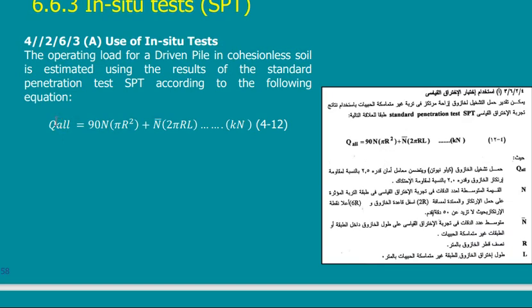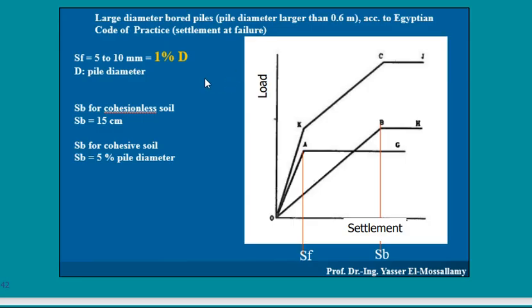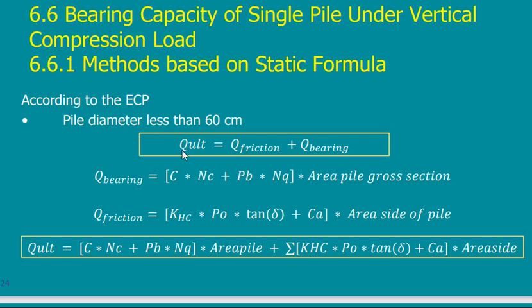First thing I want you to notice is that the equation says that this is Q allowable. If you remember, in the other methods, it was Q ultimate. The first method was giving Q ultimate for the pile.